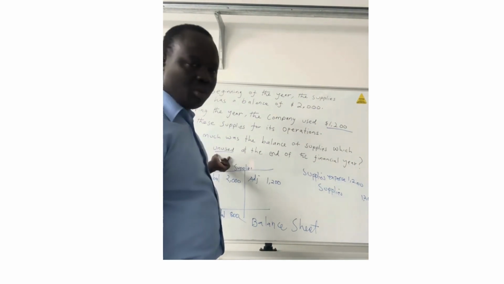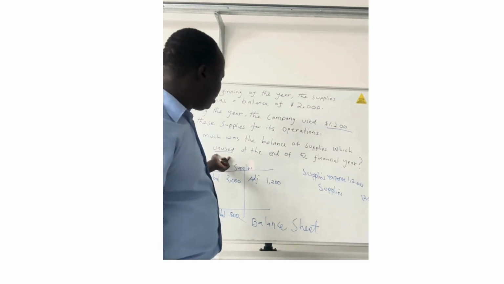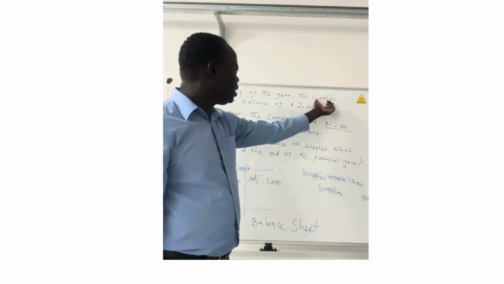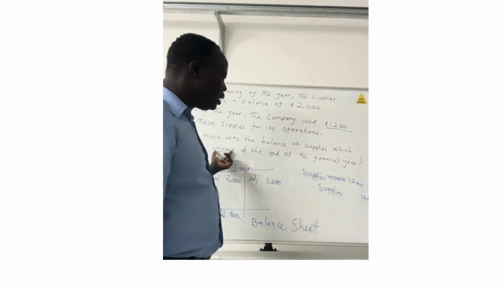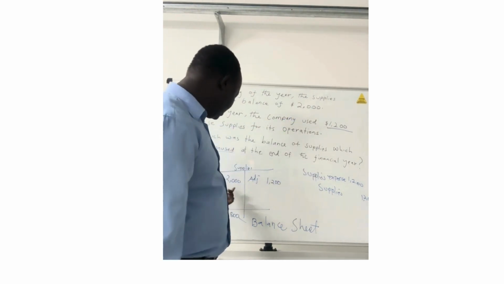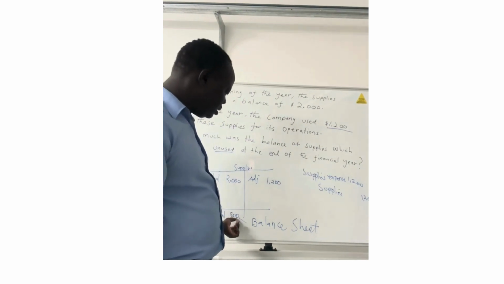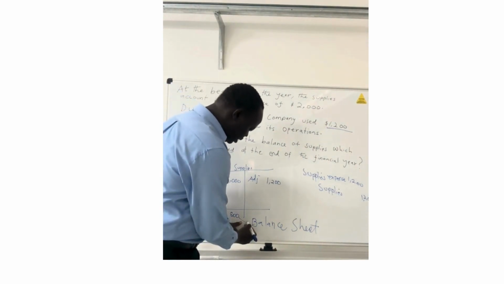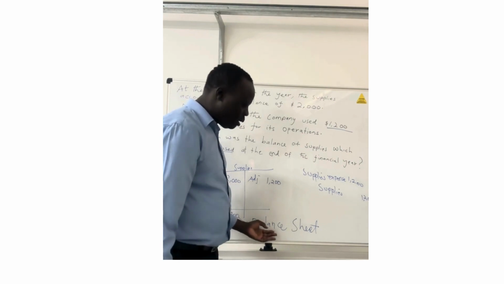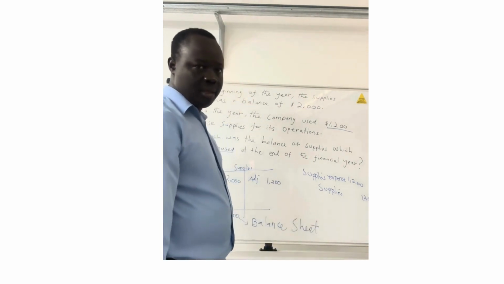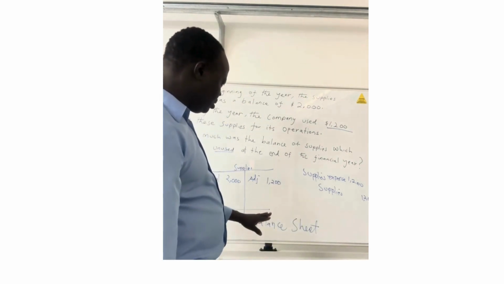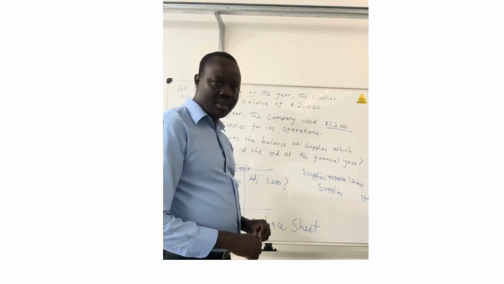It's asking you for what portion of these supplies remain unused at the end of the financial year. This is what you will get, and the report where it will go will be the balance sheet. So that's what this video is about.